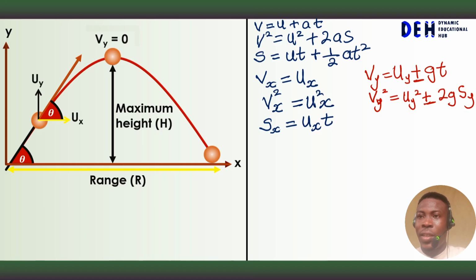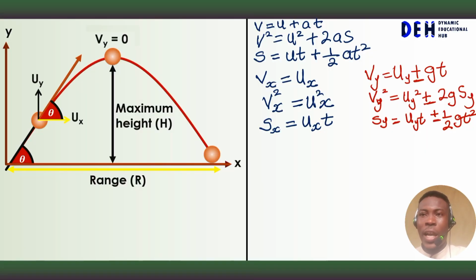Okay, finally, sy, displacement along the vertical component, will give us what? uyt plus or minus 1/2 gt squared. Hope you are following me. Okay, so we can see this.